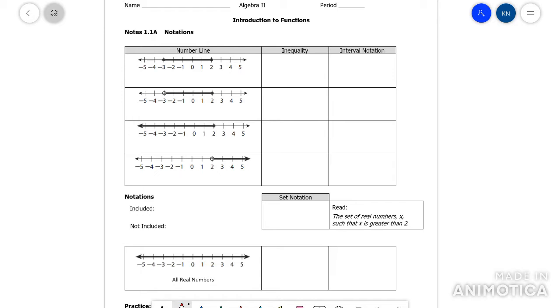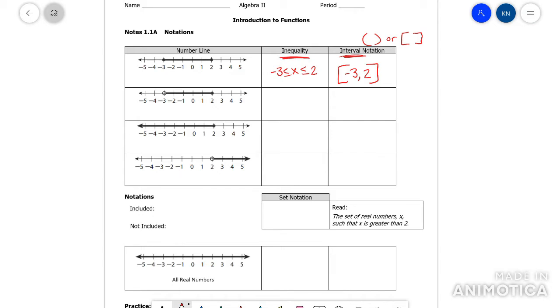Those three ways are as an inequality, which looks like this, as an interval, which either has parentheses or brackets and looks like this, or as set notation, which is the same as an inequality.